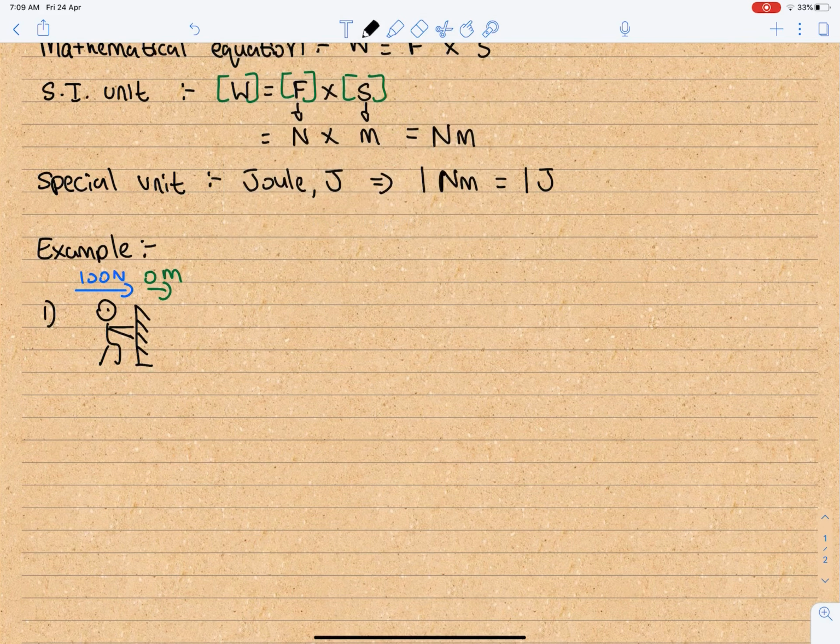So what is the work done by the person? Work is equal to force times displacement. So force is 100 Newton times 0 meter. So you will get 0 Newton meter or 0 joule.